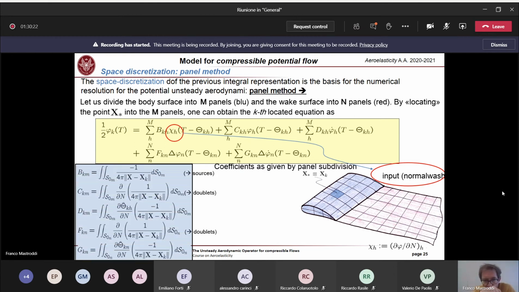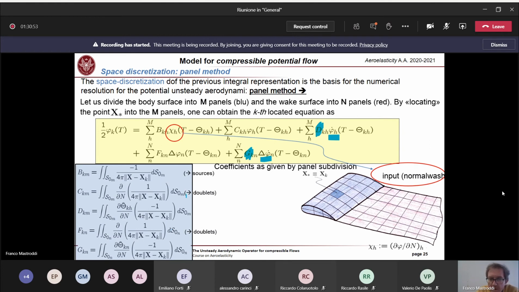Again, we have just to define this coefficient B, like C, like D. D and G are the new coefficients involving the term with the time derivative. This is the novelty. The other terms B, C, and F are identical as before, but in Prandtl-Glauert coordinates.